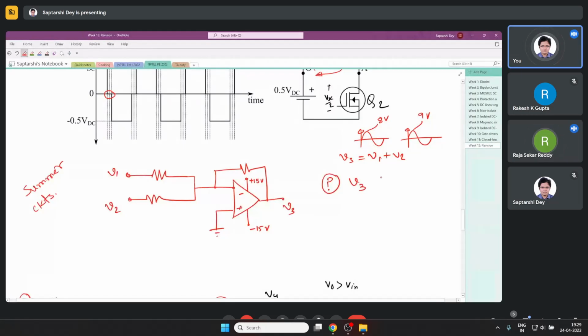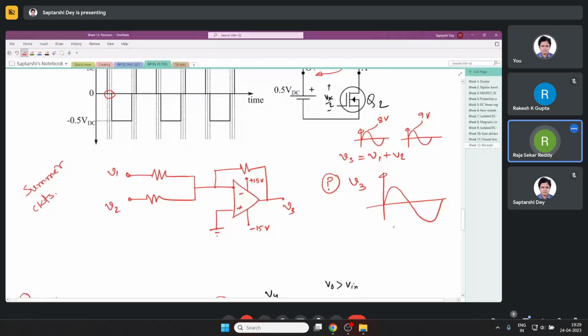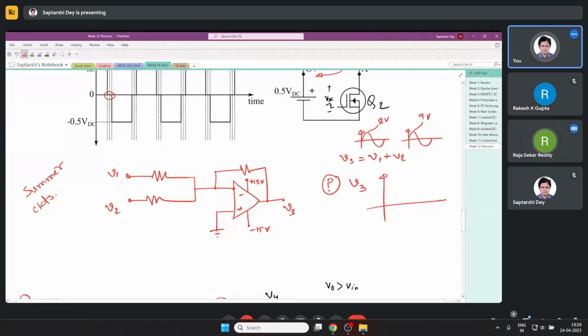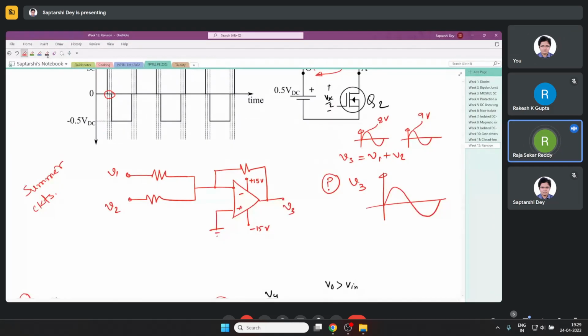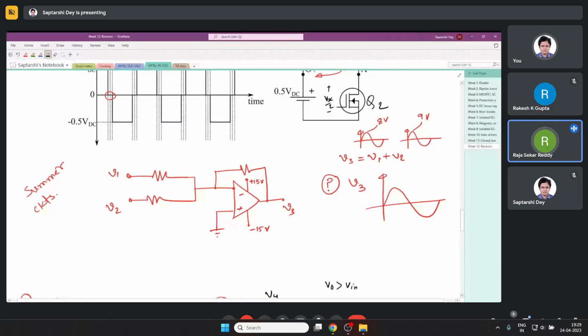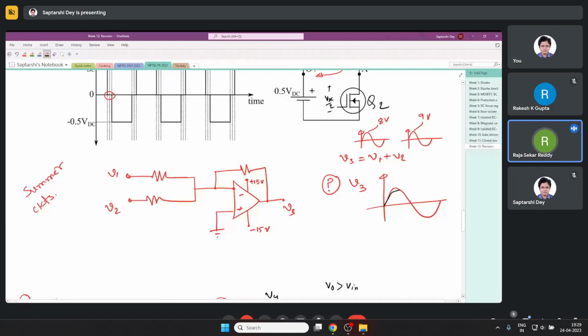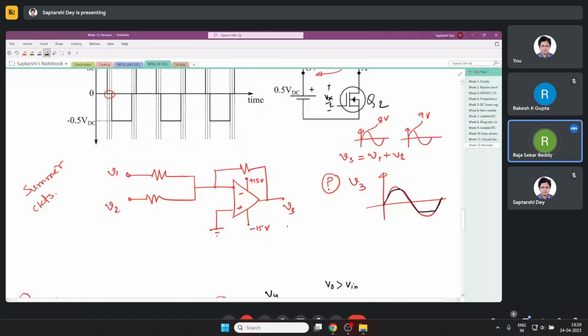At the output, you are expecting 17 volts. But you will not get 17 volts. What you will get is this. It is saturated, so you have to make sure things are in limit.